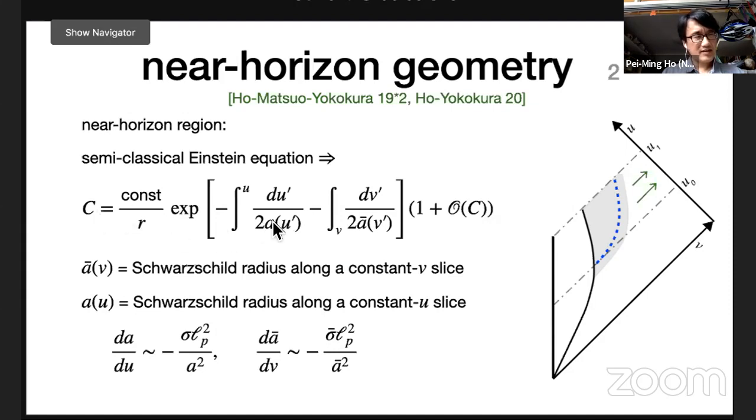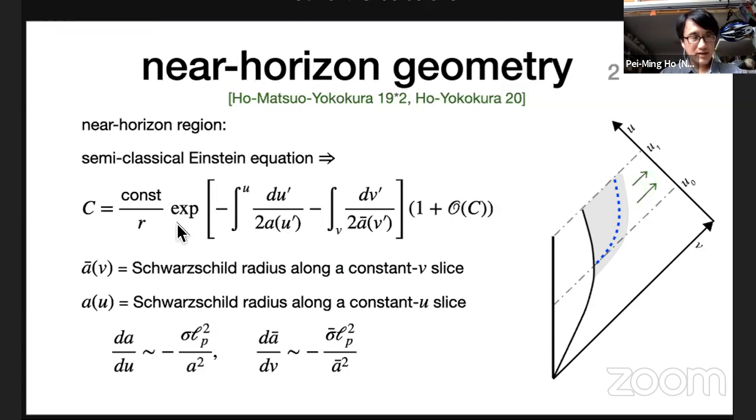I showed that expression a little bit earlier, but it's essentially the case when you have this function A and A bar both given by the same constant. In that case, you would retrieve the expression of C in the near horizon region for the Schwarzschild solution.